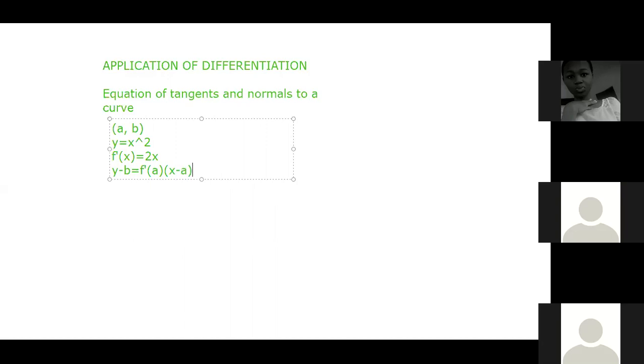This is the equation we are going to use to find the equation of a tangent. We are going to solve questions so we understand. After finding the derivative, we substitute the a in it and get our gradient. Then we substitute it here, and this becomes the equation of a tangent.